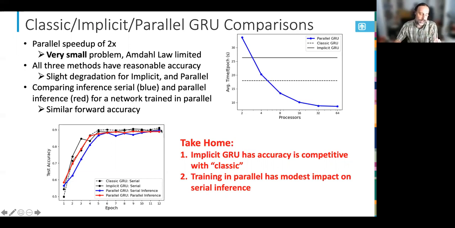Is the parallel inference good enough to be applied in serial? Have we resolved those discontinuities well enough? And the answer is, from a test accuracy perspective, we have. In spite of the fact that we're doing this inexactly, the serial inference still works just as well.